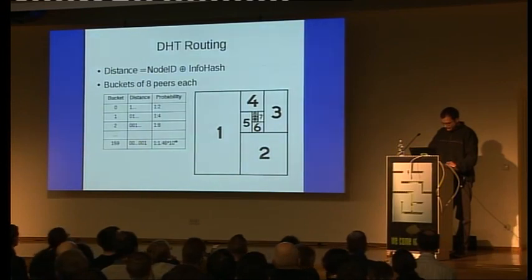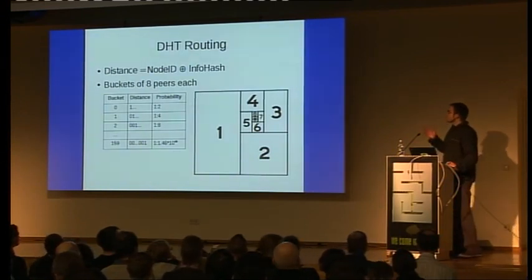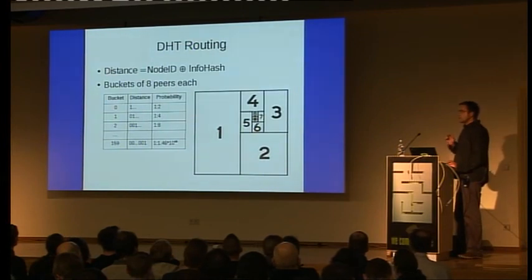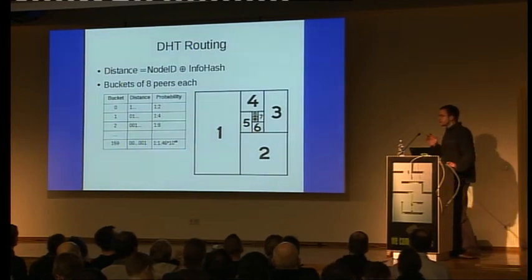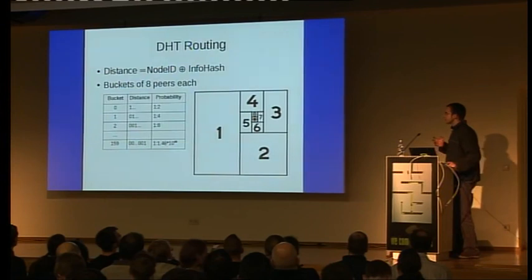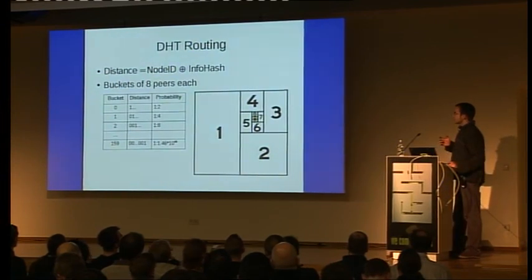Okay. The important thing here with this bucket routing is that the closer a node ID is to another node ID, the less probable this is.